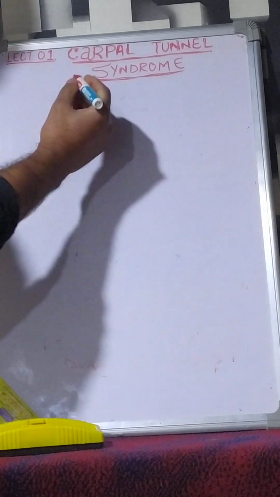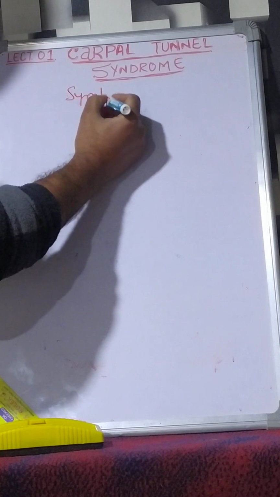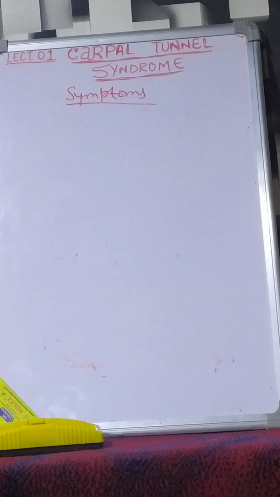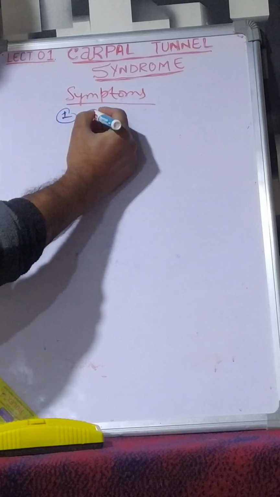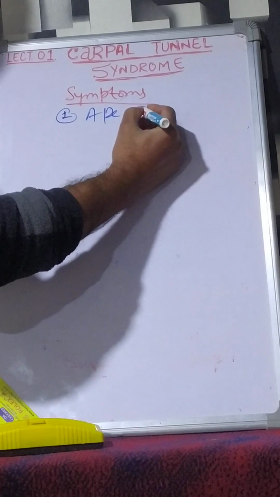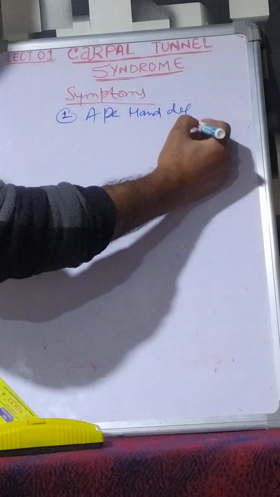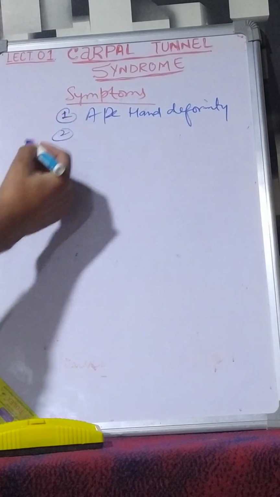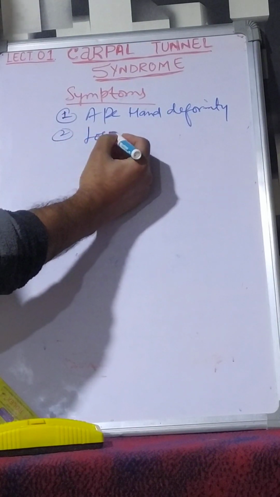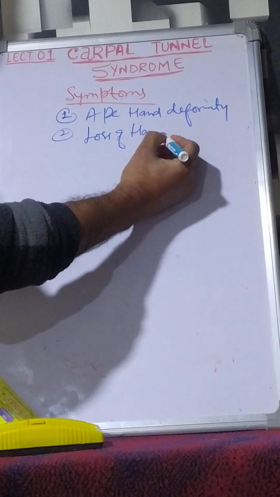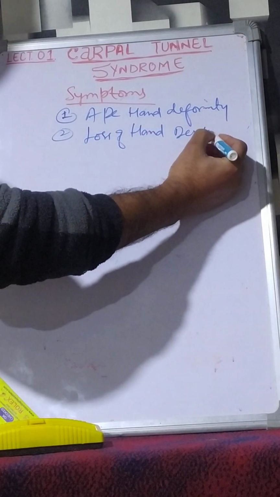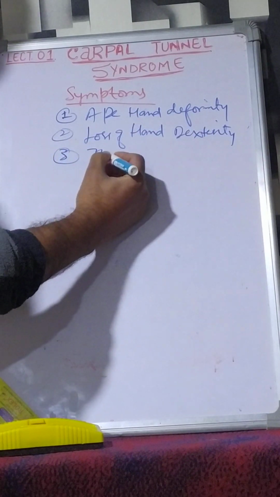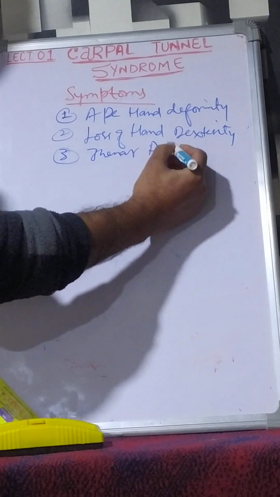So what are its symptoms? Symptoms of carpal tunnel syndrome. Number 1, ape hand deformity. Number 2, loss of hand dexterity. Number 3, thenar atrophy.